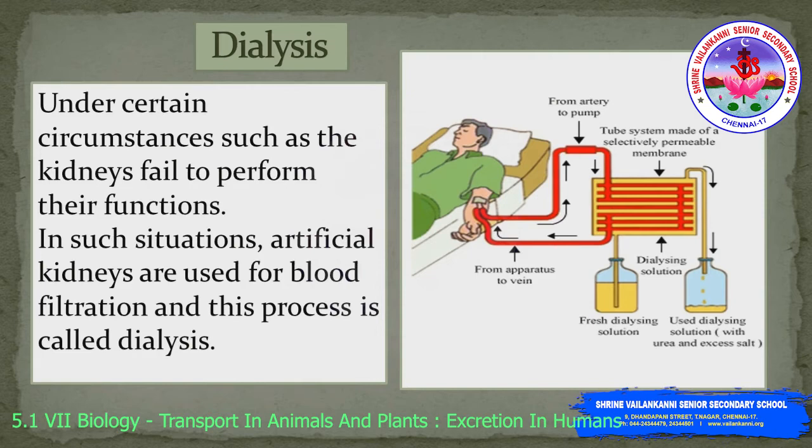During dialysis, a machine is used to remove waste from the patient's blood. A thin semi-permeable membrane separates the patient's blood from the dialysis fluid, as you can see in this picture. The waste in the blood diffuses into the dialysis fluid, and the blood from which the waste has been removed is pumped back into the patient's body. So the process of dialysis is given in this picture.